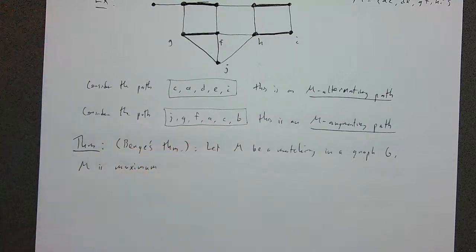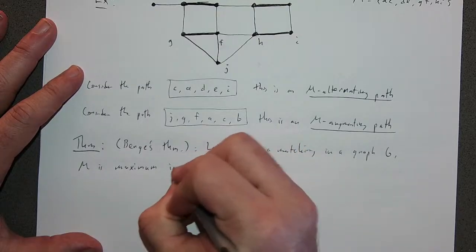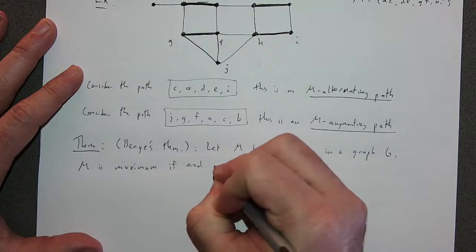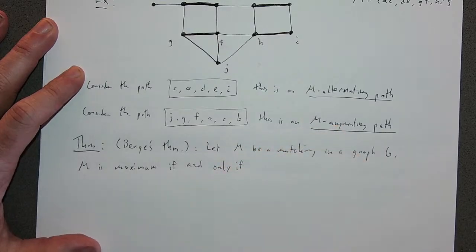Recall that means it is as large as possible. It contains as many edges as it possibly can. The largest number of edges for a matching in a graph. So let M be a matching in graph G. M is maximum if and only if G contains no M augmenting paths.